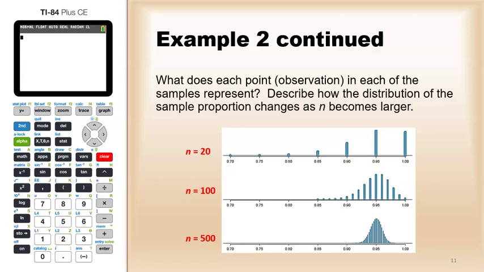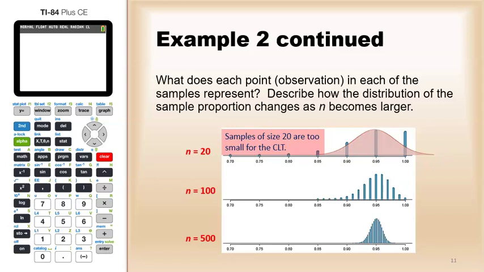Now you might notice the very first one, the sample size 20, looks nothing like a normal distribution. In fact, if I try to fit one on, it doesn't fit at all. What that tells me is that the sample of 20 is just too small for the central limit theorem, so a normal distribution is not a good fit here.